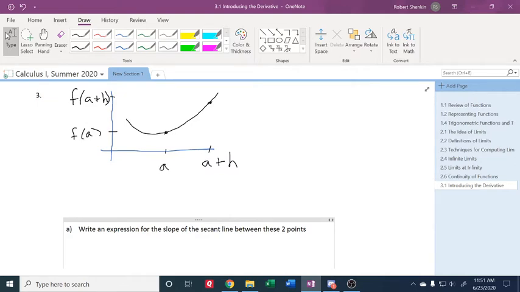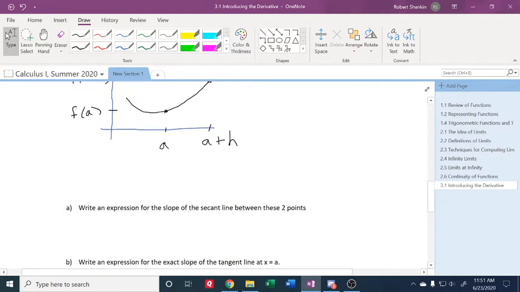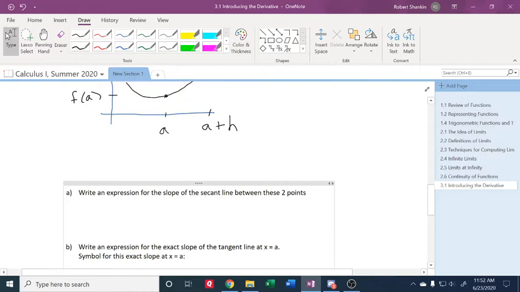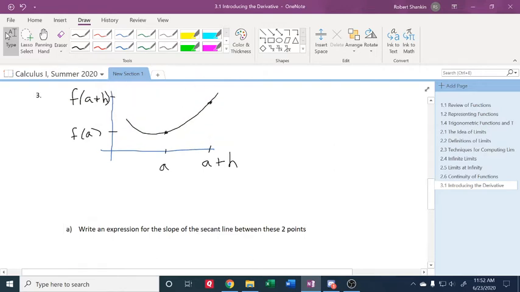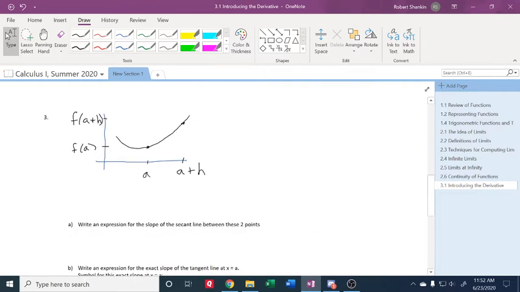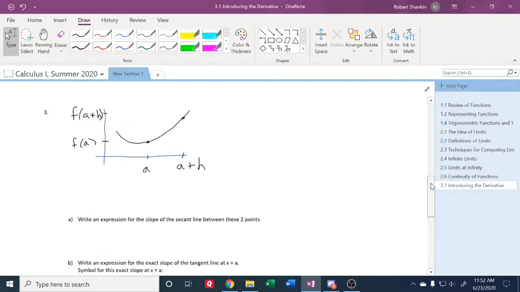See if you can get it in this context. I've changed it slightly. And then write an expression for the exact slope of the tangent line at x equal a. Do both a and b on number 3.